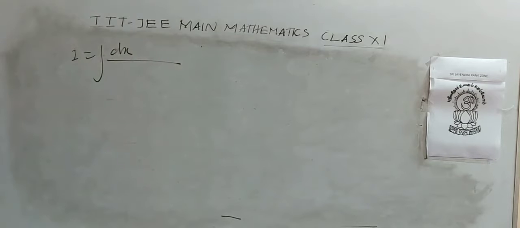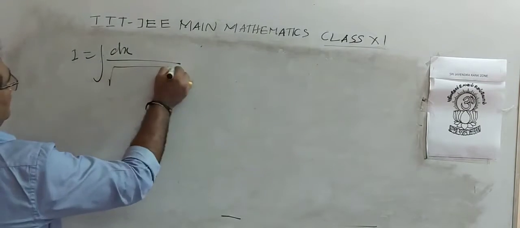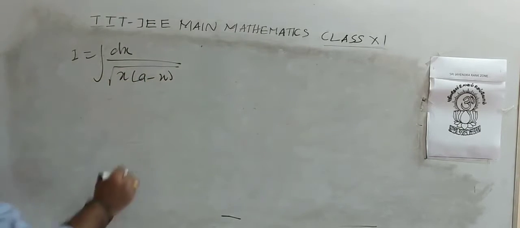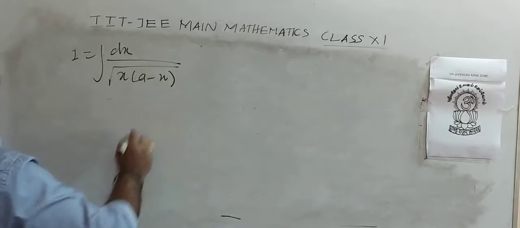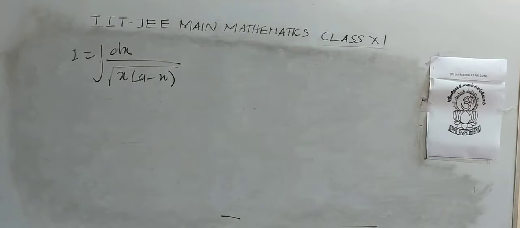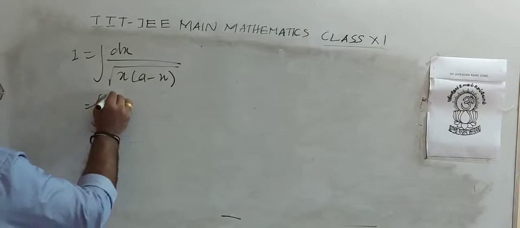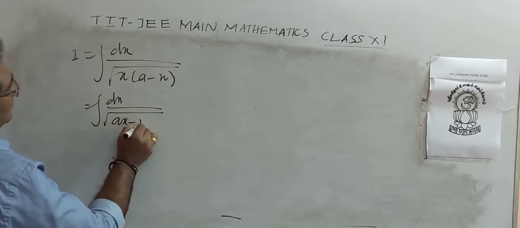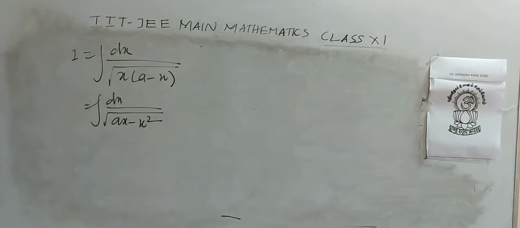Integral dx by root of x into (a minus x), that is ax minus x squared.